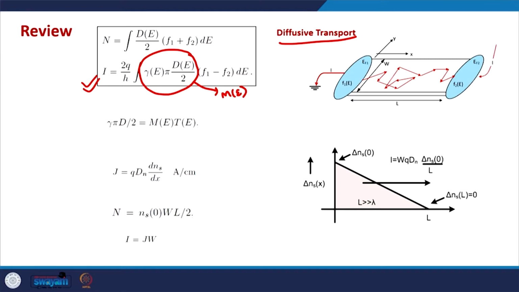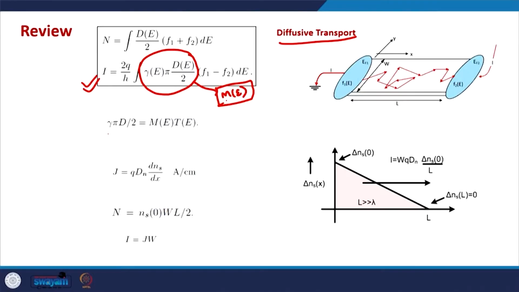In that case, this notion of modes does not hold true, because modes are the conduction pathways, and since the electrons are not going through unique conduction pathways, we cannot say that this quantity is the modes, and that is why this quantity is defined as the modes times a coefficient which is known as the transmission coefficient.